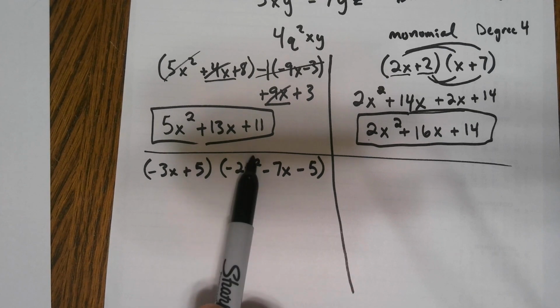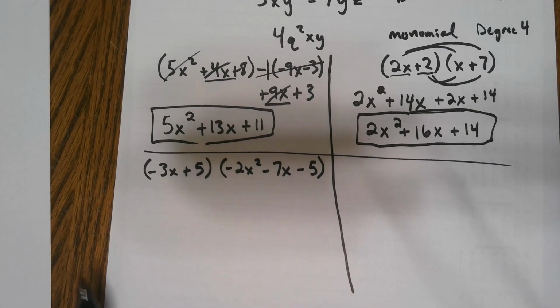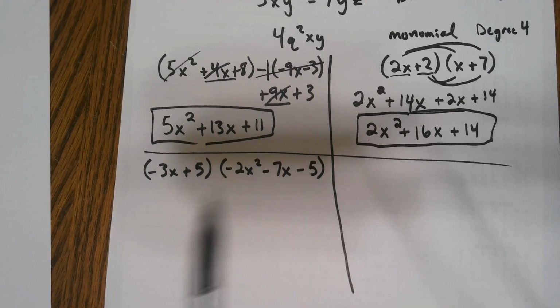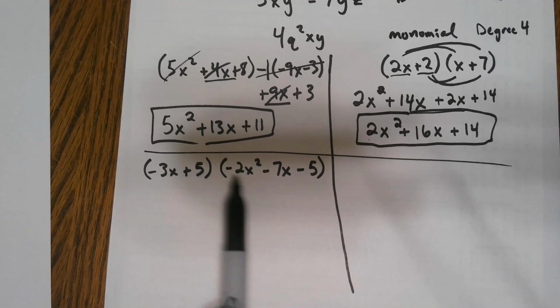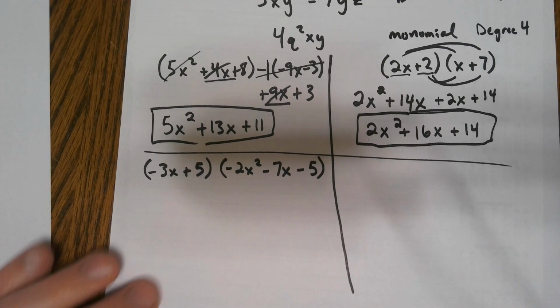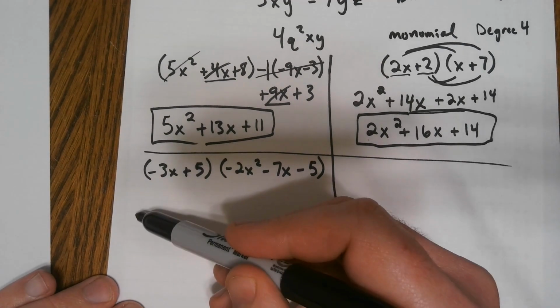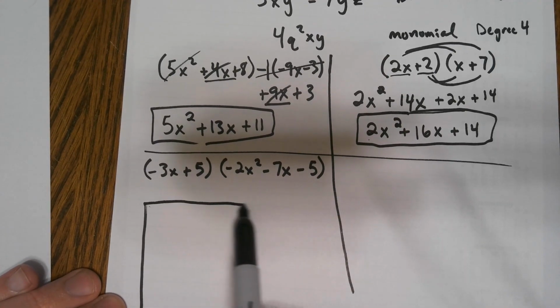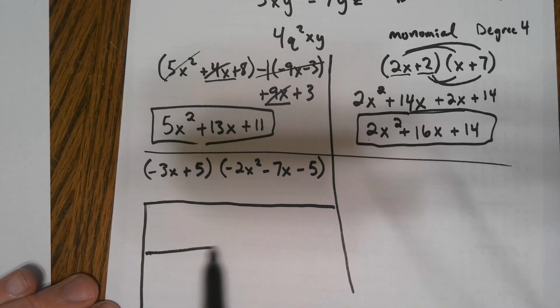So, I mean, I can distribute just like I did here. Distribute this negative 3x across all terms, and then distribute the 5 across all terms, and combine all like terms. So we could do it that way, or we could do it this other way. So I'll go ahead and show the other way, just so we're seeing both ways.